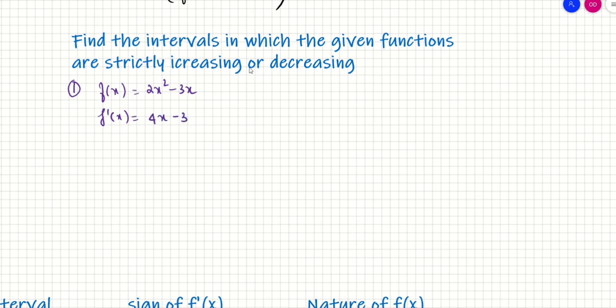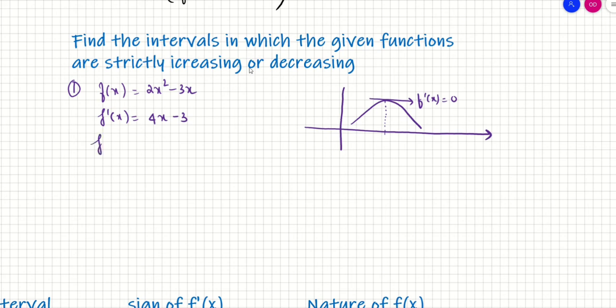Now, we have observed that if the function has to change its nature from increasing to decreasing, then there will be a point on the curve at which the slope of the tangent will be equal to 0. And this point will basically divide the interval into 2 or more intervals.